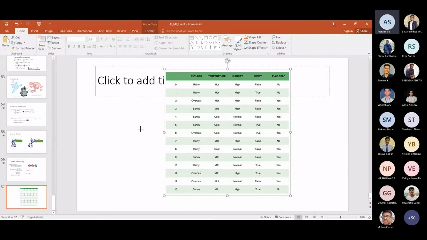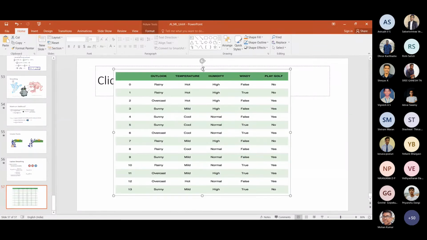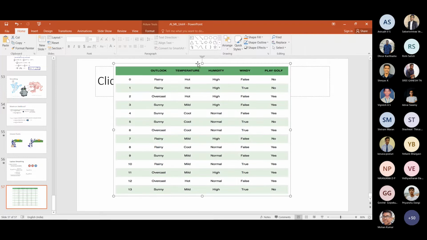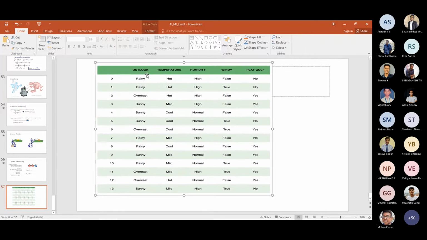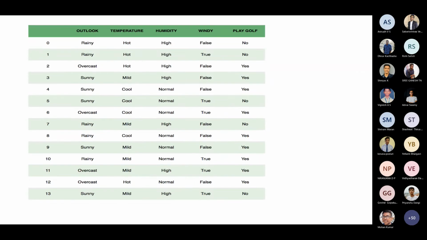Yes. Okay, this is from Mitchell's machine learning textbook. So here you have some parameters: outlook, temperature, humidity, windy, and whether this person will play golf or not.